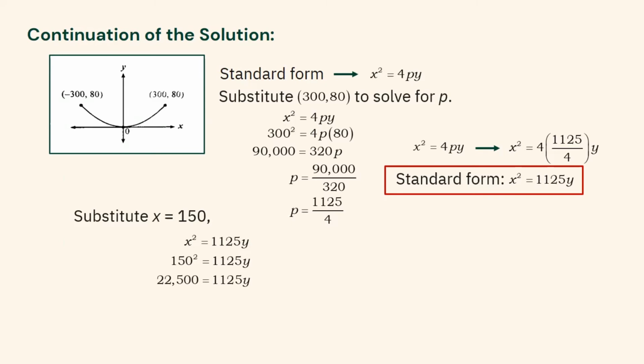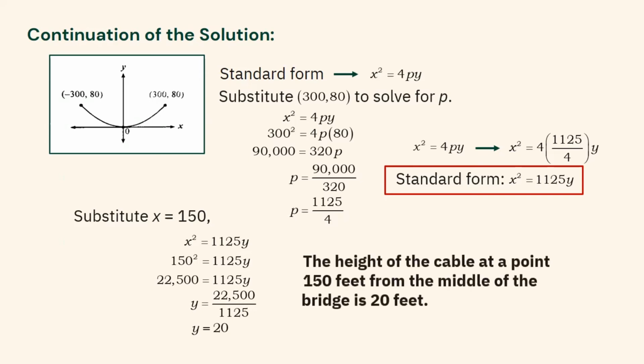Dividing both sides by 1,125, we will have y equals 22,500 divided by 1,125. Simplifying the right side of the equation, we will have y equals 20. Therefore, the height of the cable at a point 150 feet from the middle of the bridge is 20 feet.